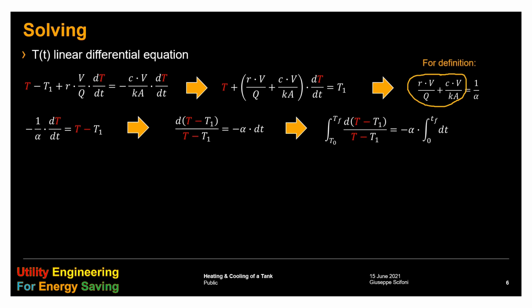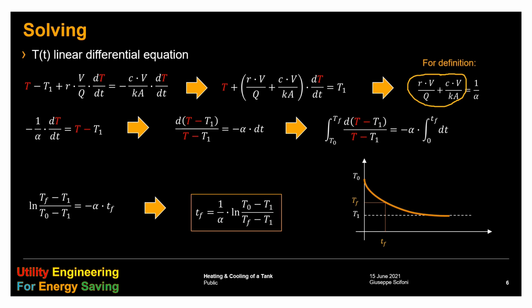Thus, we can integrate both sides of the equation and we can solve for the time. This is the solution. Practically, the function T is an exponential negative function having an asymptote for the temperature T1.